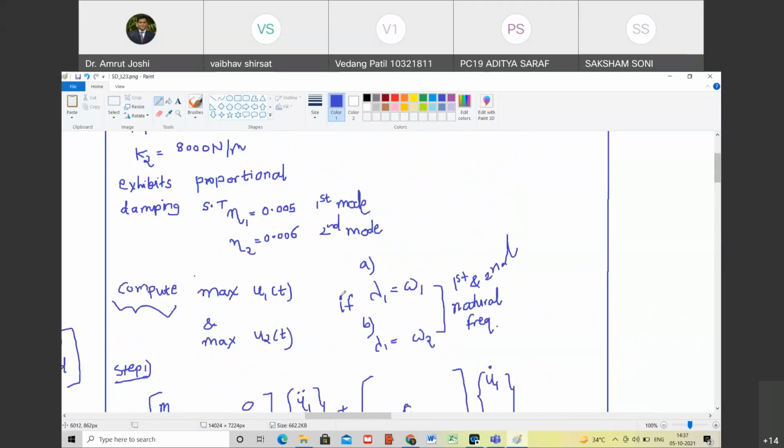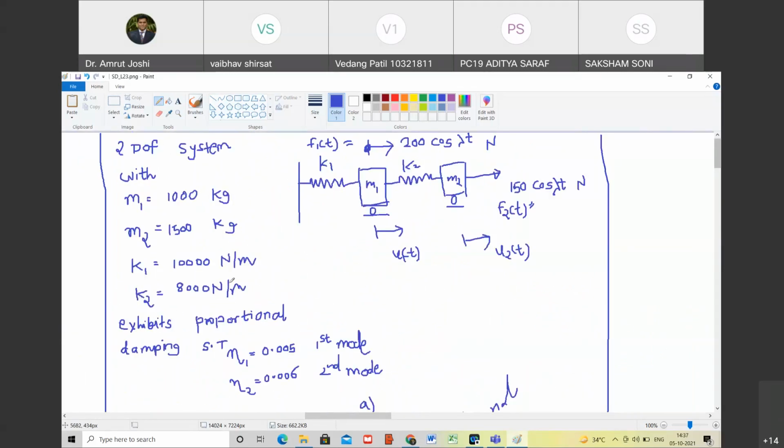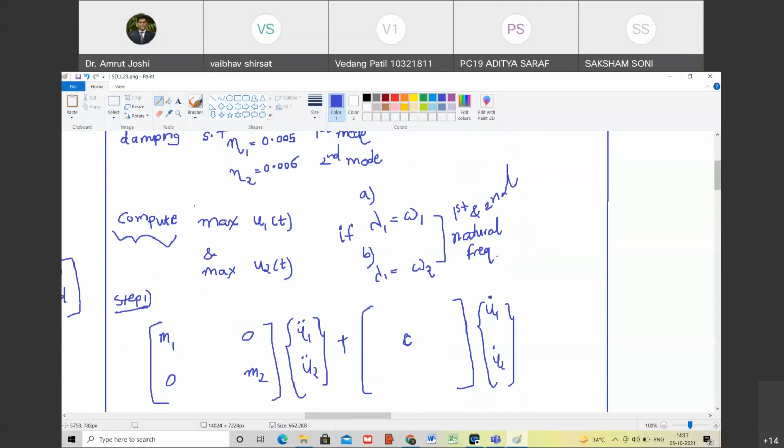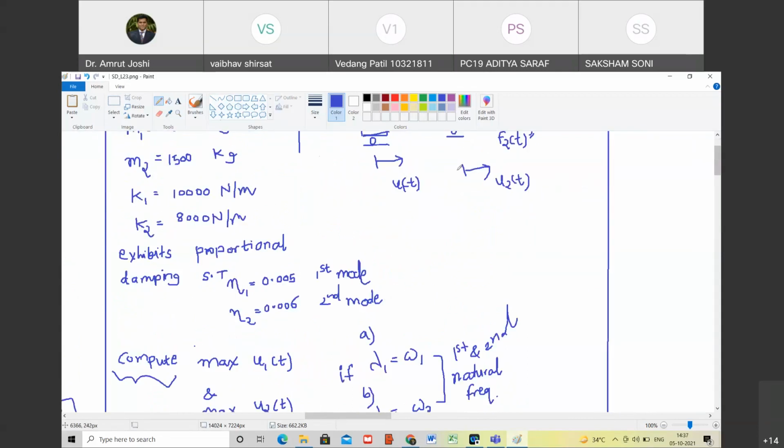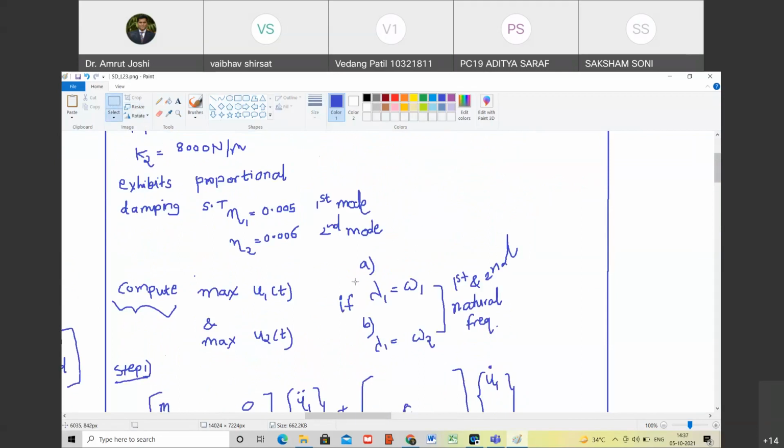Now look at the problem statement. In the problem statement we have to find the maximum value of u1 of t and the maximum value of u2 of t if lambda is equal to omega 1 and lambda is equal to omega 2. Here lambda is the forcing frequency in cos lambda t.